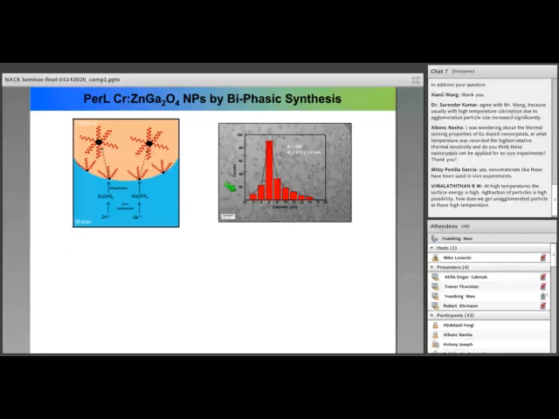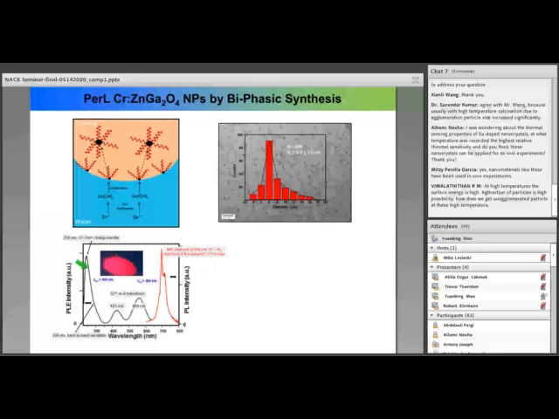That's how we got, for example, these sub 10 nanometer nanoparticles. Here we look at their excitation spectrum and then the emission spectrum, and you will see that each of these peaks can be assigned to specific transitions.